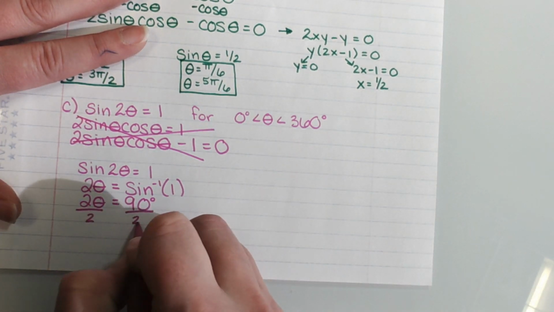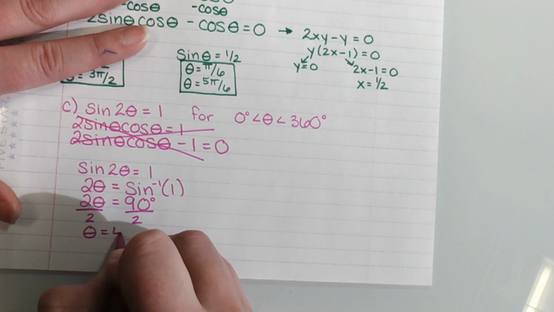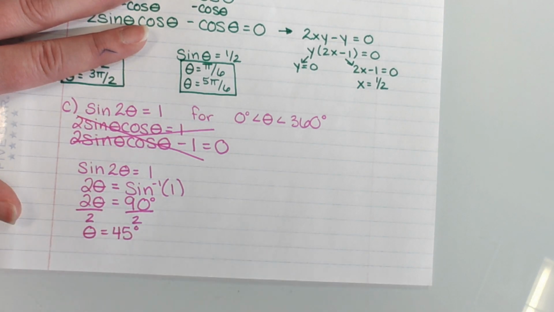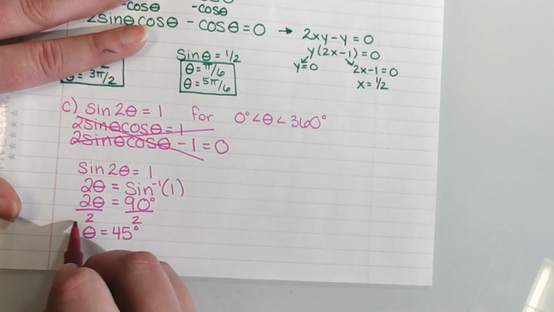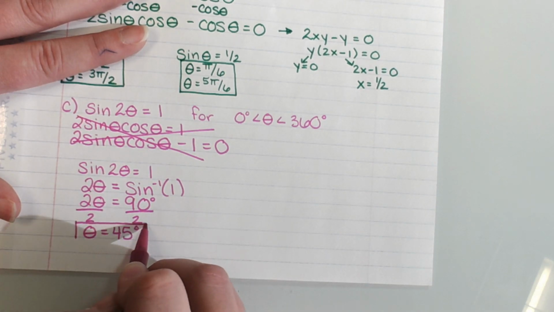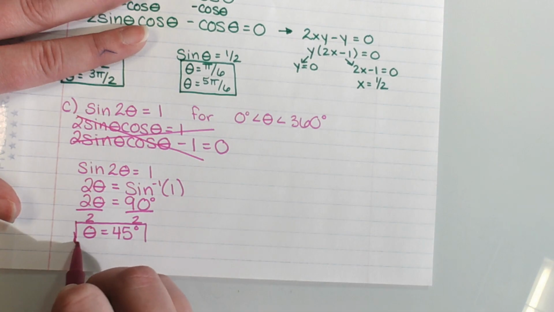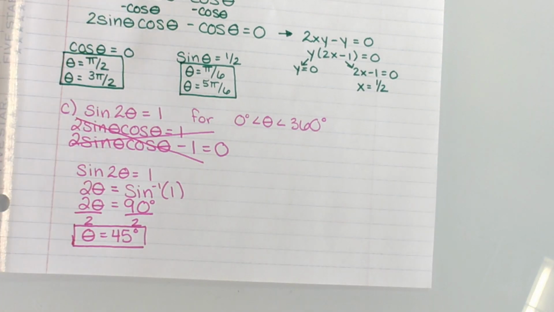Divide by 2. Theta is 45 degrees. There's only one problem. This is a solution, but it's not the only solution.